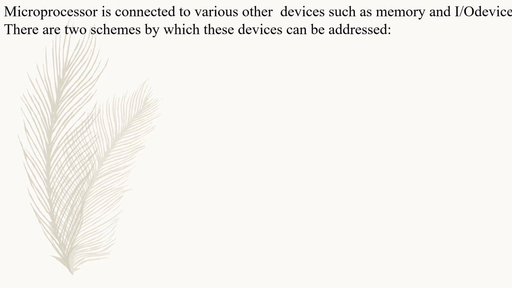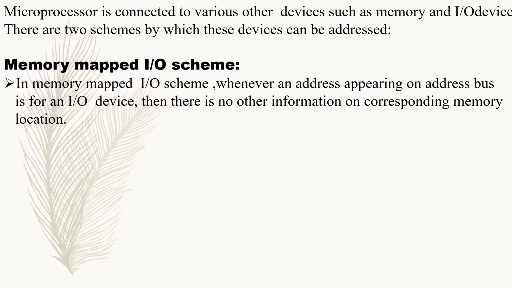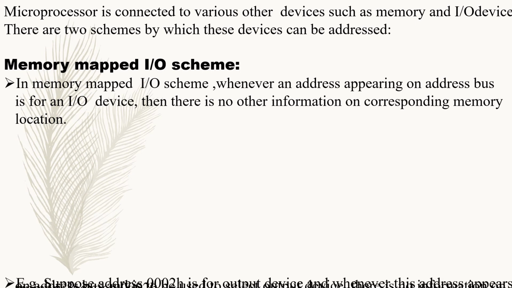So let us elaborate about this topic, the memory mapped input-output scheme. In the memory mapped input-output scheme, whenever an address appearing on the address bus is for an input-output device, then there is no information on the corresponding memory location. That is, as I said, if I am selecting either an input device or an output device with its address, there will be no data or other information in this memory location.